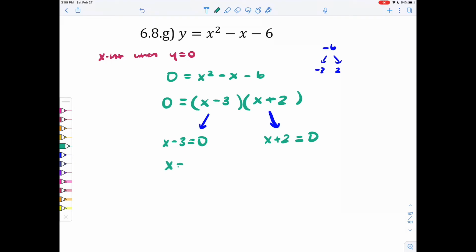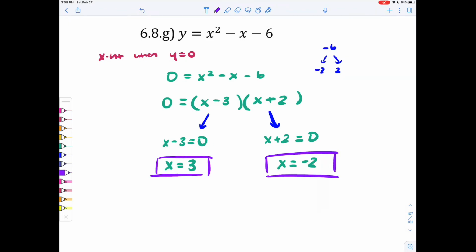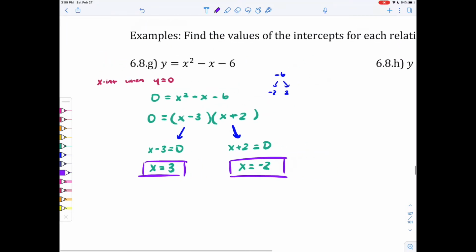This one here would say x is equal to 3, and this one here would give me x is equal to negative 2. It looks like I'm going to have two x-intercepts. They're going to occur at the point 3, 0 and negative 2, 0. But again, the question just asked me to find the value of the intercept, not the coordinates of them. So I'm okay with leaving my answer here.